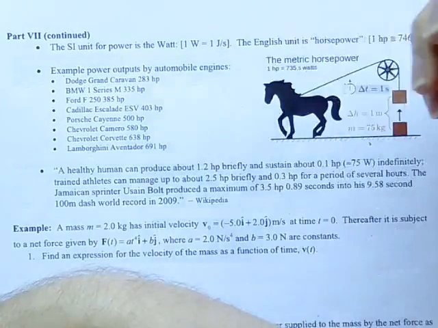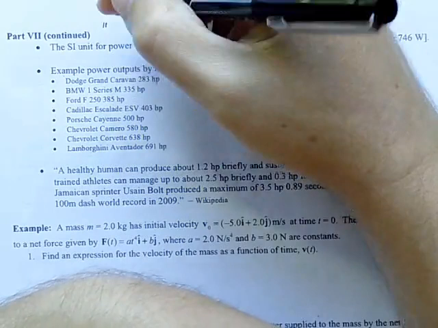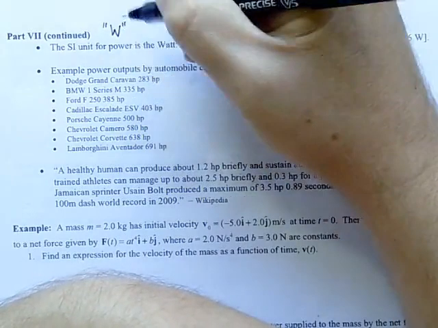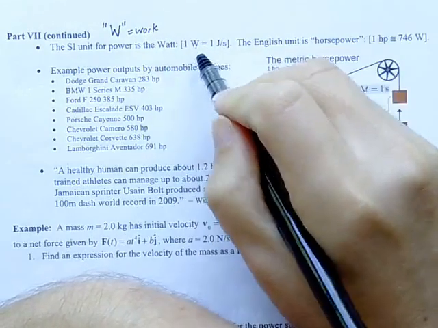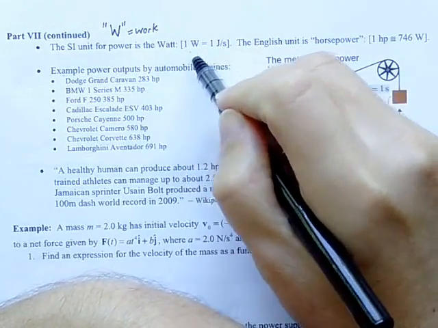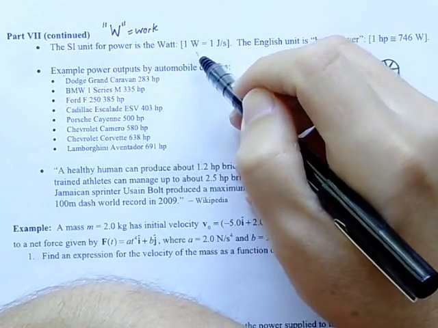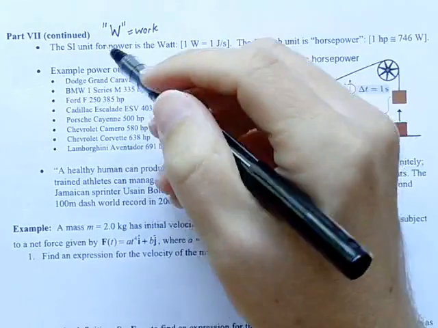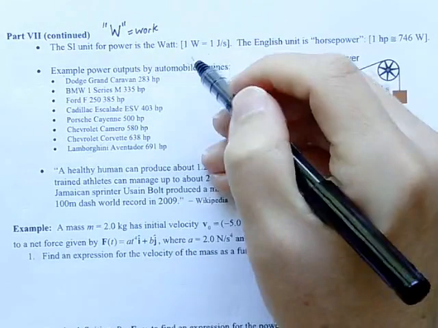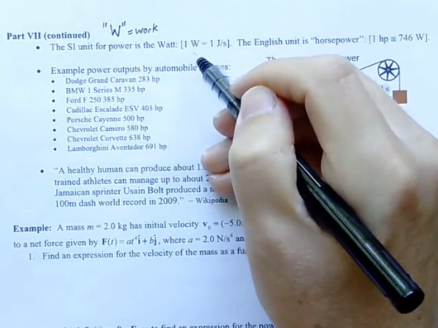We are representing the quantity work by a capital W. Capital W stands for work done, but the unit for power is the watt, also written as a capital W. So there's a potential for confusion between capital W for work and capital W for watt, the unit of power.